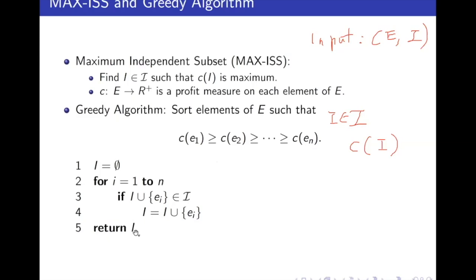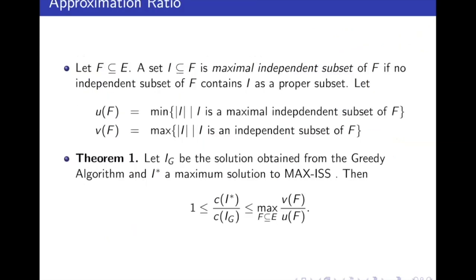It's a greedy algorithm. How good is this greedy algorithm? Obviously it finds an I. Now we want to figure out how close the set we found is to the optimal, or maximal, solution.